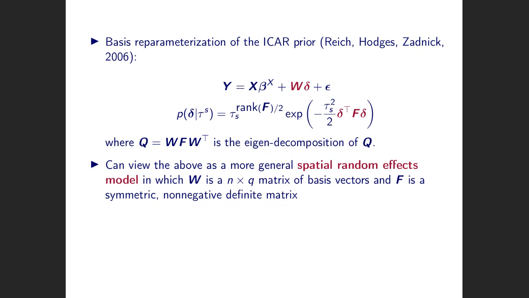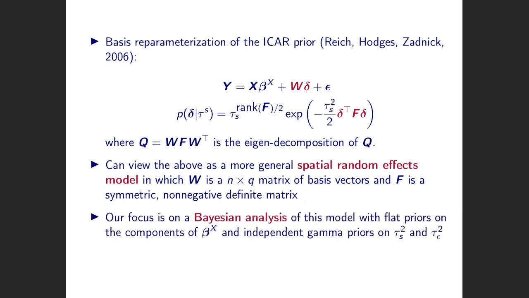The idea is that they use the ICAR specification of the prior distribution on eta to suggest a more general modeling framework where there is a general set of basis functions and a random coefficient on them.